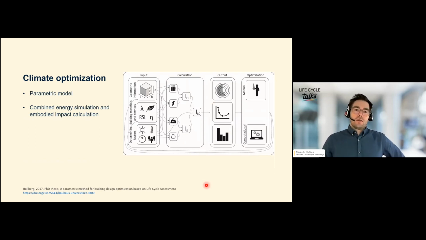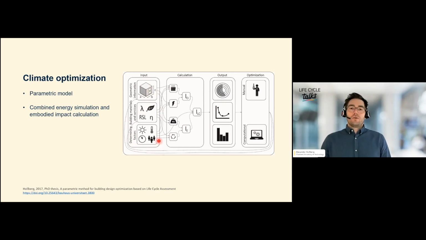So the idea is instead of drawing a building and having it fixed, you define it by some parameters, for example, the length and width, and then you can flexibly change things. You can also define your building materials and the technical services you use. And of course, as another input, you need to know where the building stands, what outdoor temperature you have, for example, which users you expect in the building, what internal set points they want.